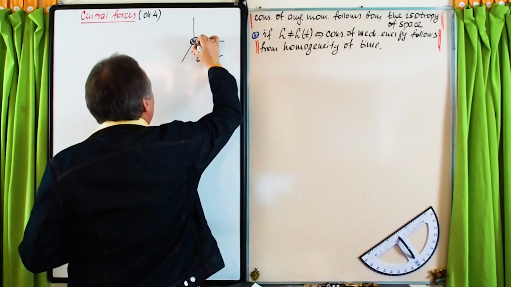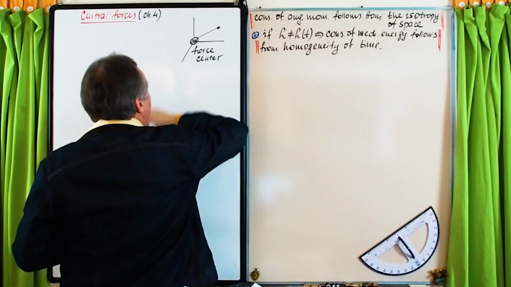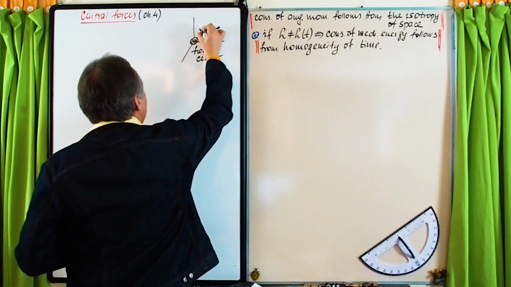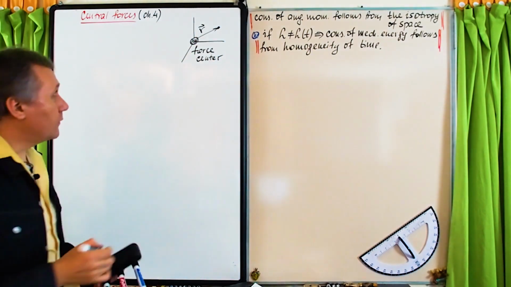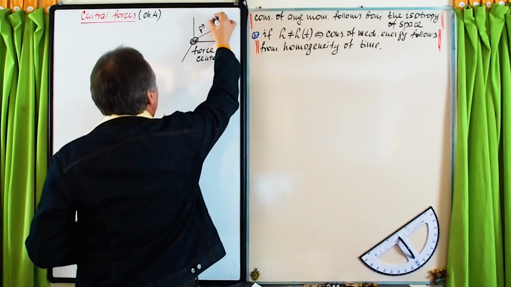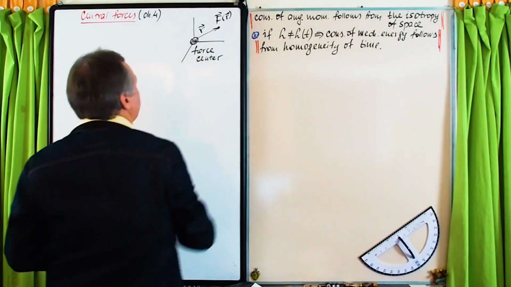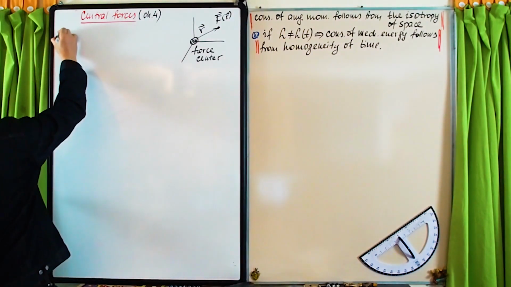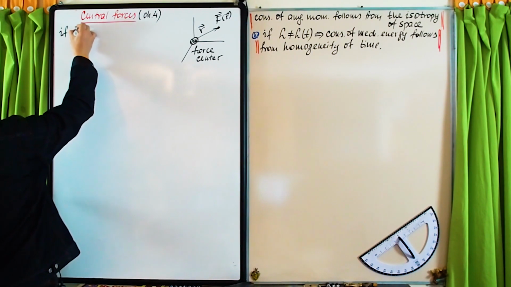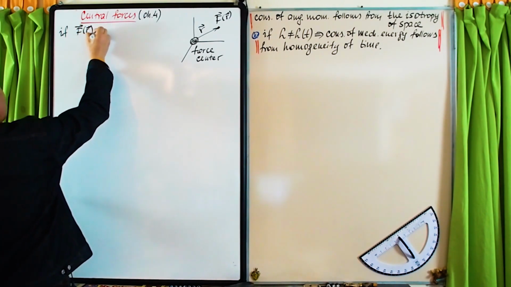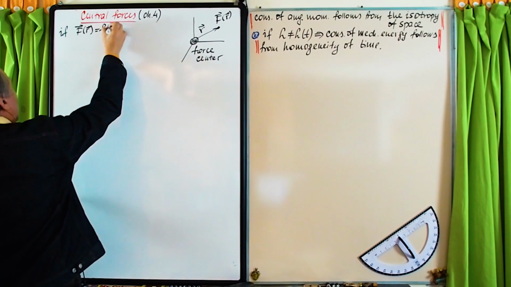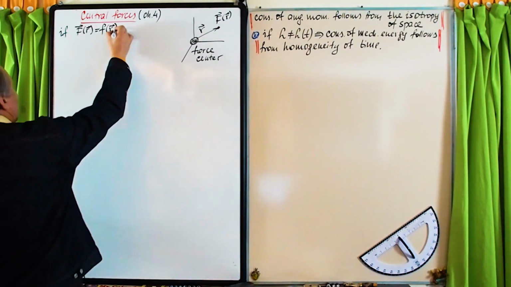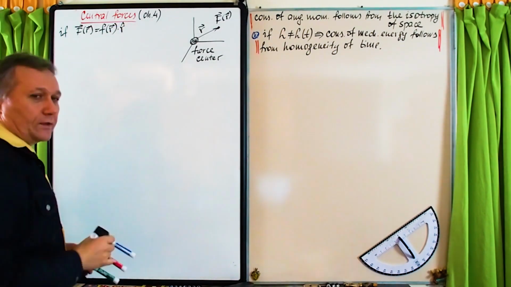And let's say you are interested in the force created by this force center at that point, which is defined by the radius vector r. Of course, there will be some force F, which is a function of r. So force F can be written as the absolute value of the force at that point times the unit vector in the r direction.